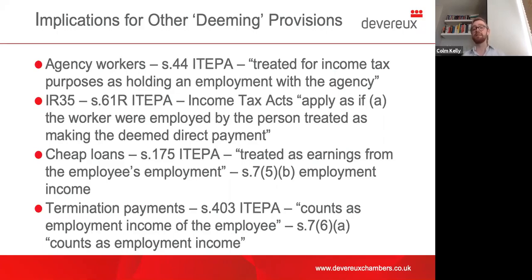Possibly the answer is neither, because what isn't happening in the IR35 legislation is that the income and profits of the PSC are being recharacterized as something other than they are. What in fact happens is you have this hypothetical construct of a deemed direct payment, which is based on a further construct, which is called a chain payment, which is based on money paid to the PSC in respect of the workers' services.